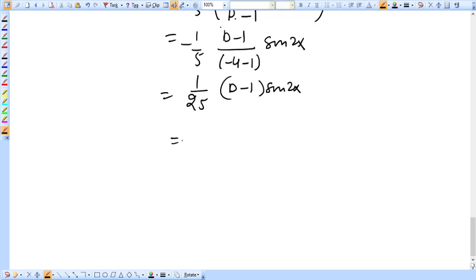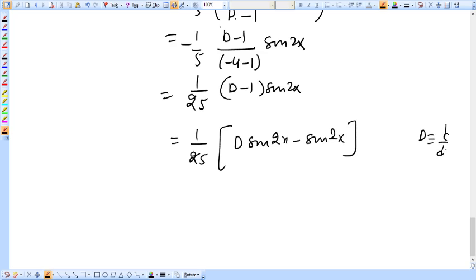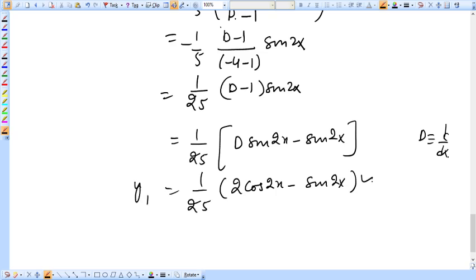So it is equal to 1 over 25, d sine 2x minus sine 2x. We know d stands for differentiation, right? So therefore it is equal to 1 over 25 into 2 cos 2x minus sine 2x. So this is the particular integral.